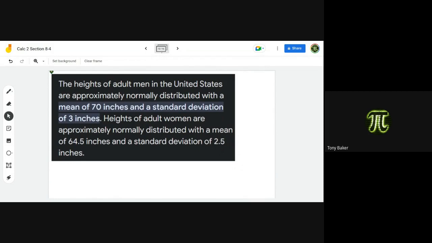All right, so here's my information. Let's make my curve for this. My curve will be 1 over, my standard deviation in this case is 3, square root of 2 pi, e to the minus x minus 70 squared over 2 times 3 squared.